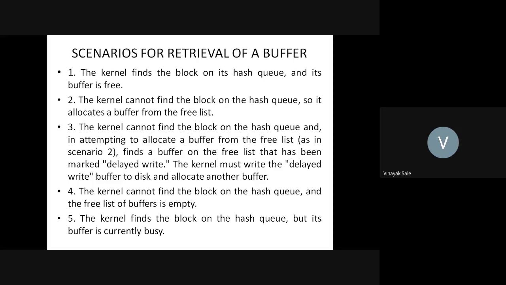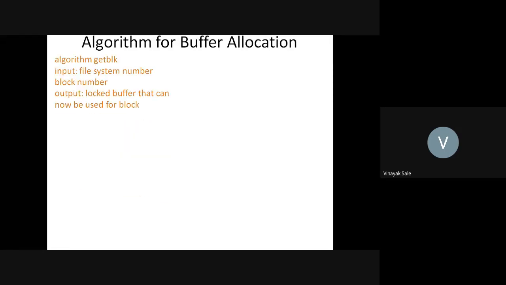In your syllabus there are nearly 35 algorithms in total, and out of them there are 6 algorithms in this chapter. So we move towards the first algorithm for buffer allocation, that is the getblk algorithm.